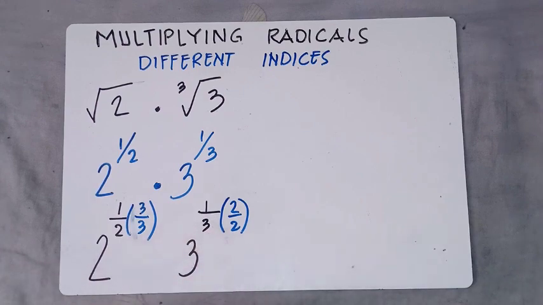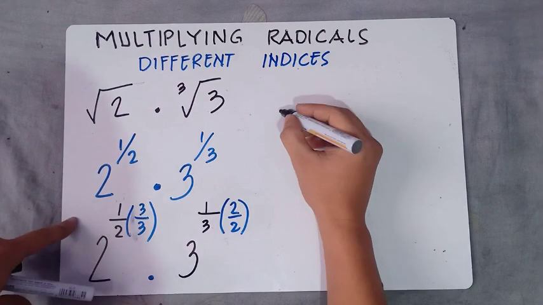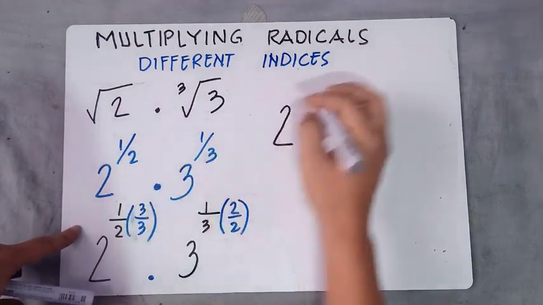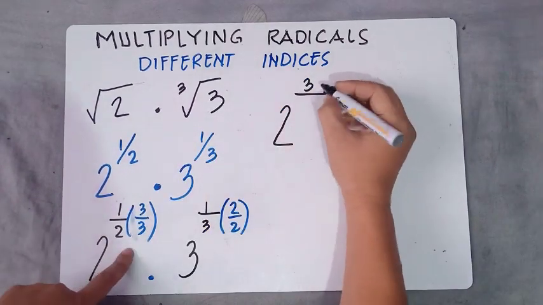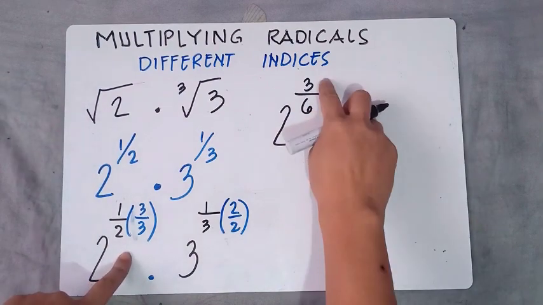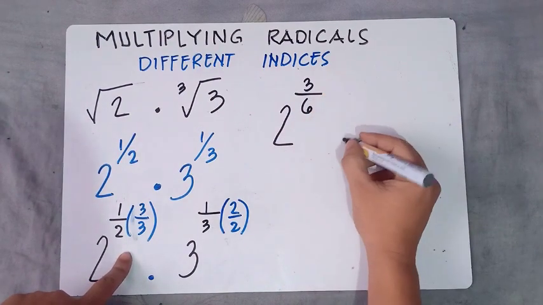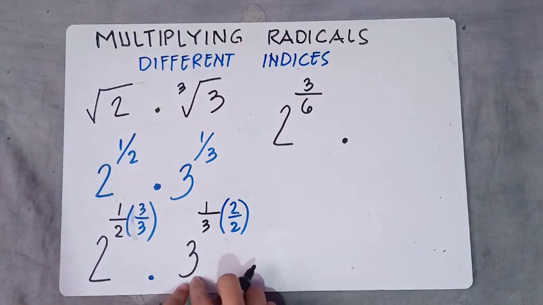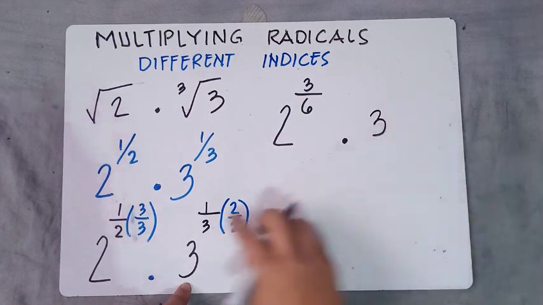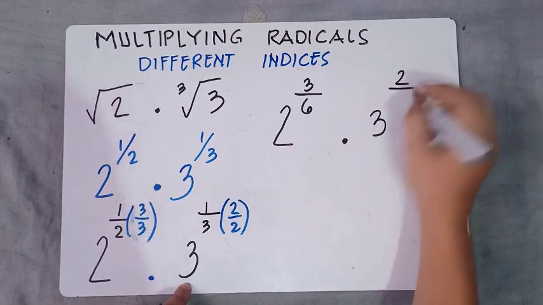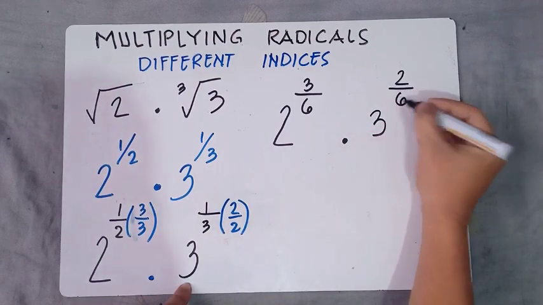Now, if the indices are the same, according to the rules of radicals, in multiplying radicals, we can easily multiply if the indices are the same. So this will be 2 raised to the power of 3 over 6, since 1 times 3 is 3 and 2 times 3 is 6, multiplied by 3 raised to the power of 2 over 6, since 1 times 2 is 2 and 3 times 2 is 6.